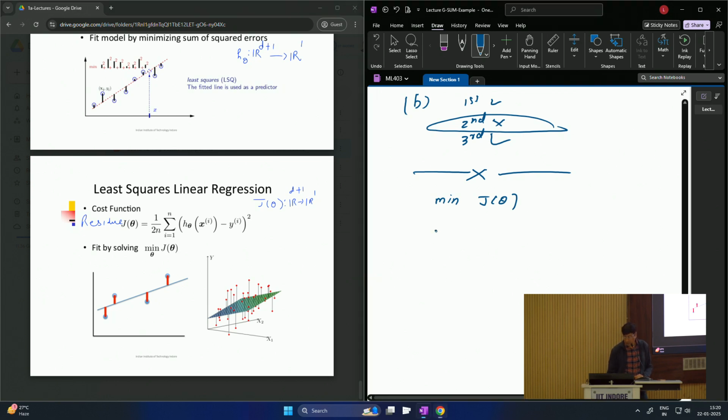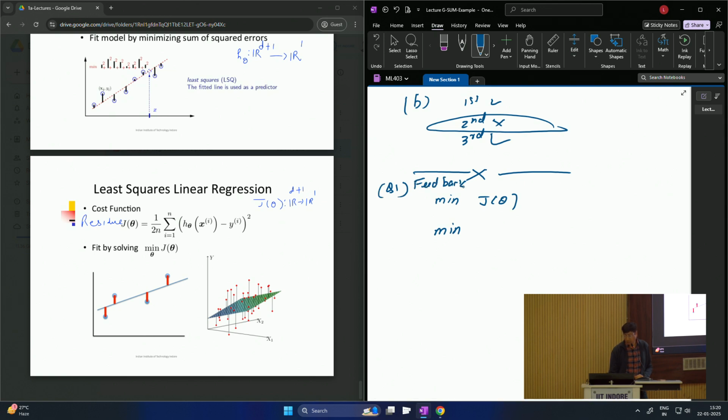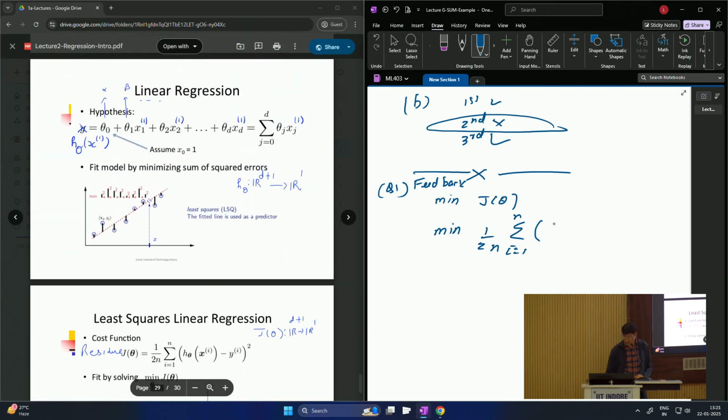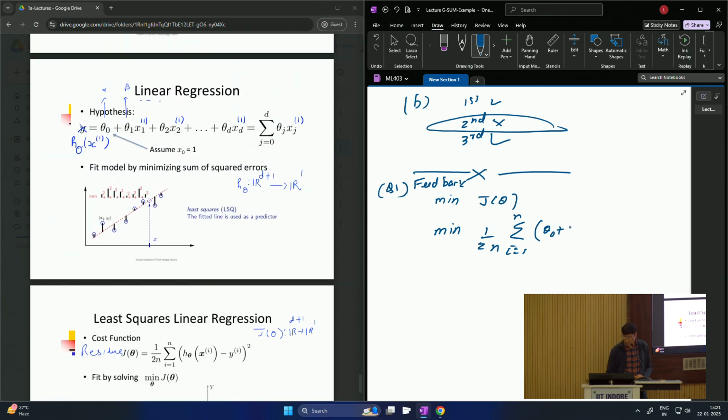So this is question 1 from the feedback. Somebody asked who was shy to ask, but I'll still go over it for everyone. You're trying to minimize 1 over 2n summation i going from 1 to n. Let's write H theta. What is H theta? H theta is theta naught plus theta 1 x11 plus, still, theta d xd1 or something like this, right?